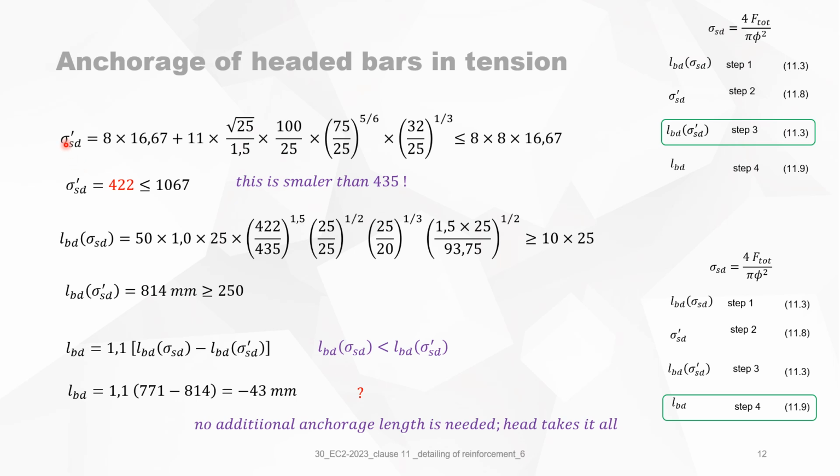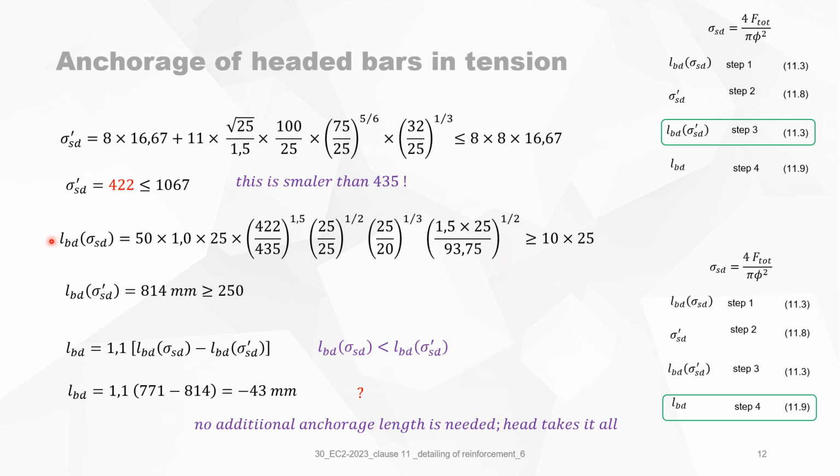So sigma accent SD is then 422, which is smaller than 435. So in the first method, when you fulfill all the conditions, you could use 435 as a tensile stress. But if you make the detailed calculation, the maximum tensile stress is only 422, not 435.